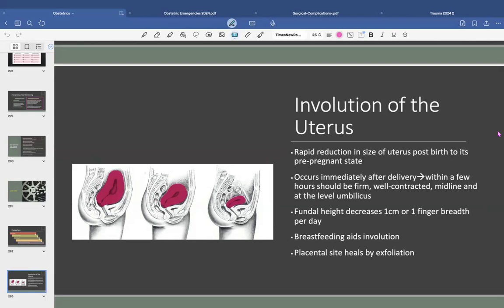We often call this the fourth trimester because there are something called afterpains that some women experience, which are like mini contractions, kind of like menstrual cramps. This is all part of the uterus going back to its normal pre-pregnancy size. The fundal height will decrease as the mom breastfeeds. That helps the uterus go back to its pre-pregnancy stage.